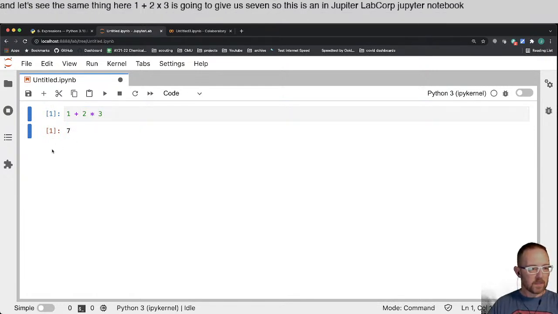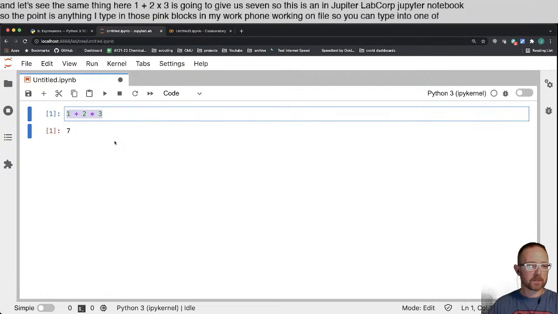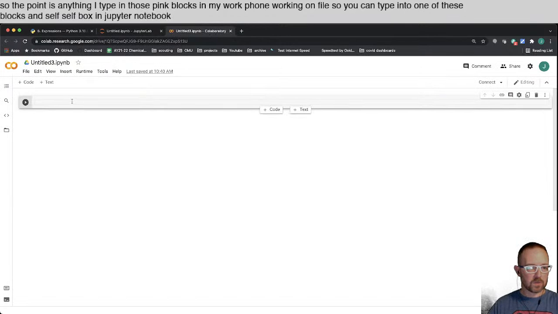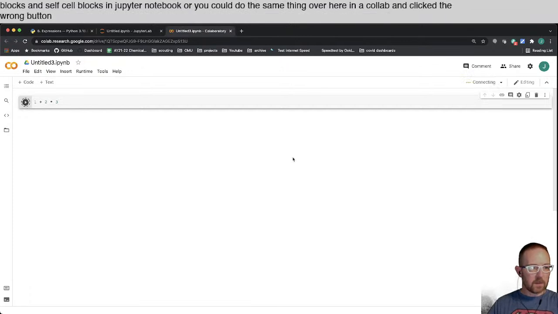The point is anything I type in those pink blocks in my org mode files, you can type into one of these cell blocks in a Jupyter Notebook. Or you could do the same thing over here in a Colab and click the run button.